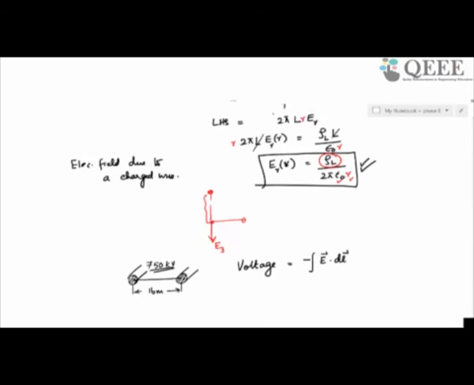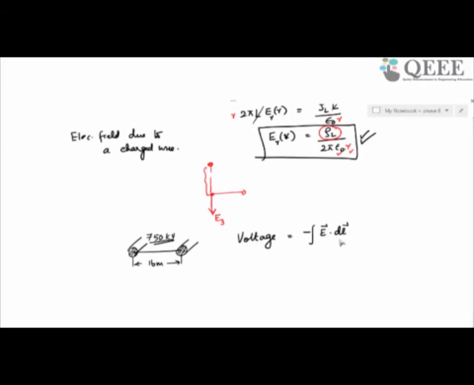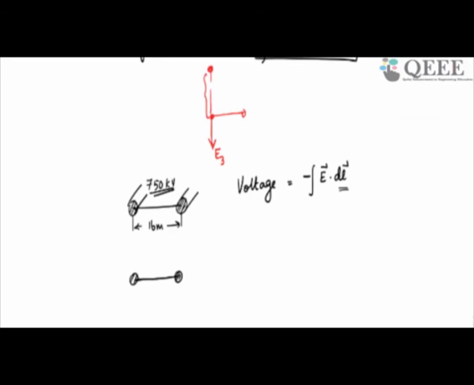Okay. But then you should know how to apply this E dot dl. I am talking about two current carrying conductors and I am talking about the potential between them. I know what is the electric field due to the current carrying conductor, we just derived that. But in order to do this potential, I need to know in which direction I should apply the line integral.